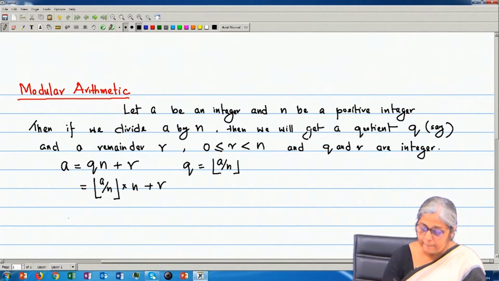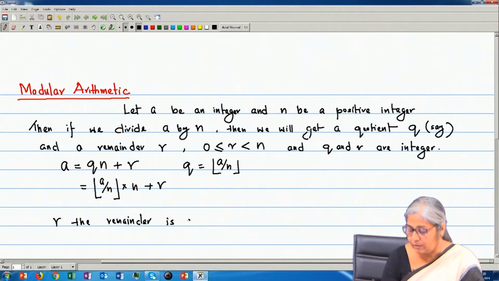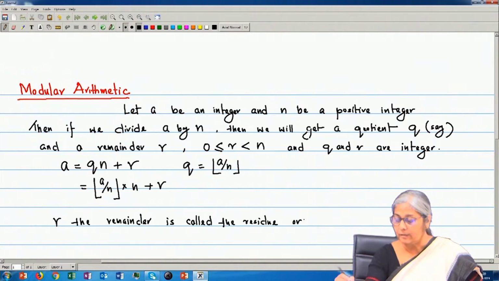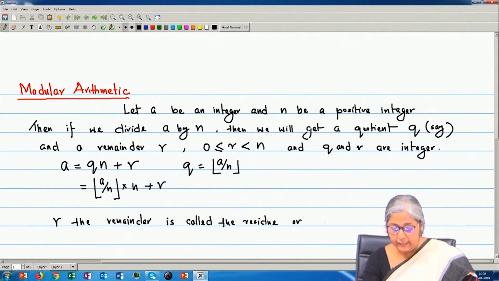Now, this r, the remainder, is called the residue. It is the remainder when A is divided by n, and it is called A modulo n, or A mod n.